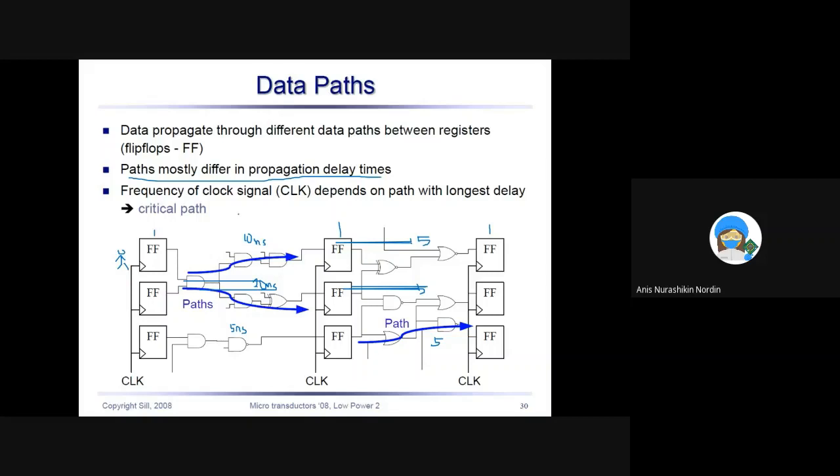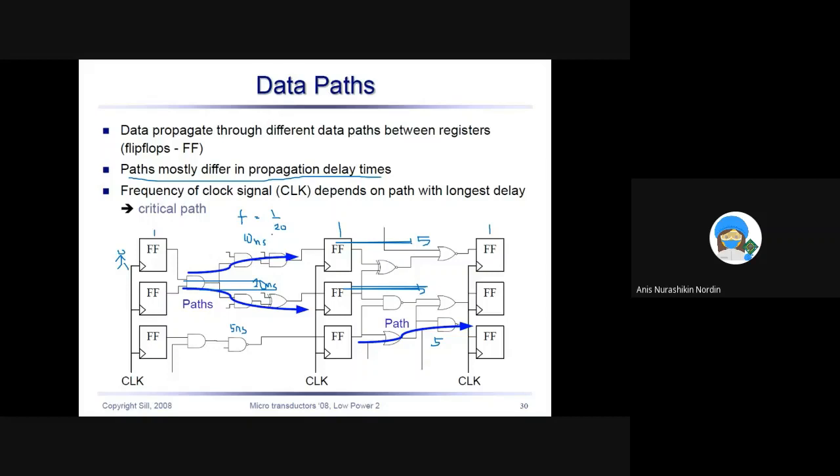The frequency F equals 1 over 20 nanoseconds, which is what? Is it 0.5? No, 0.05 gigahertz, correct? 1 over 20 is 0.05 gigahertz.